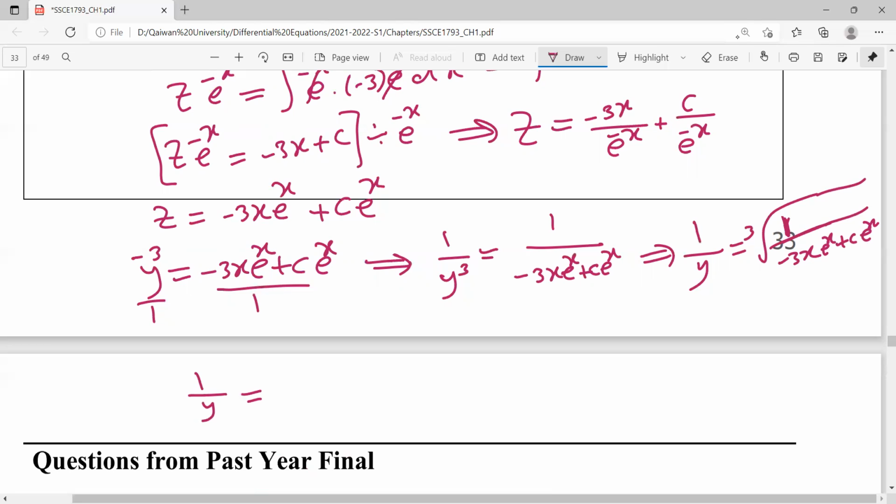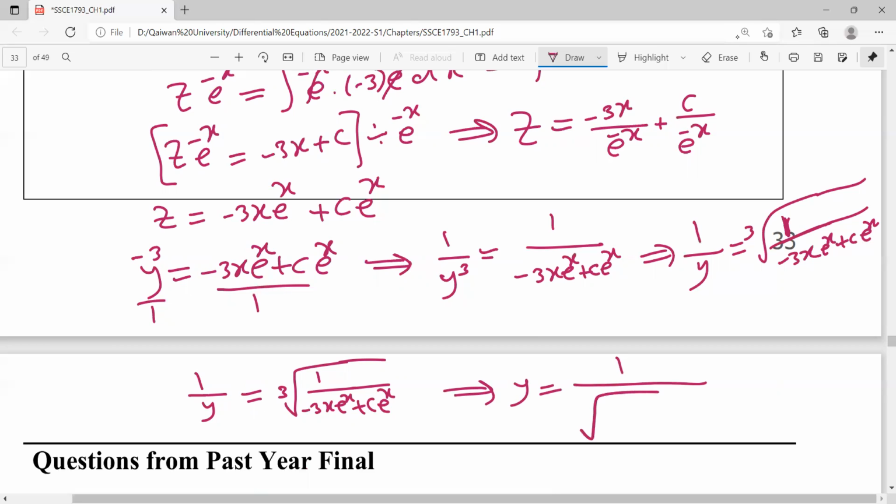That's all. And you can even simplify it more by interchanging the place of these two, we get y equals 1 over the cubed root of 1 over -3x e^x plus c e^x.